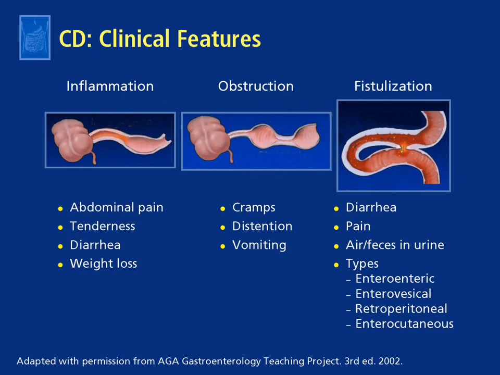But some of the patients have internal fistulization and can present with stool in the vagina, as in the case of enterovaginal fistula, or stool in the urine, as in enterovesical fistula. So the presentation of the patient and how the disease behaves is quite variable.